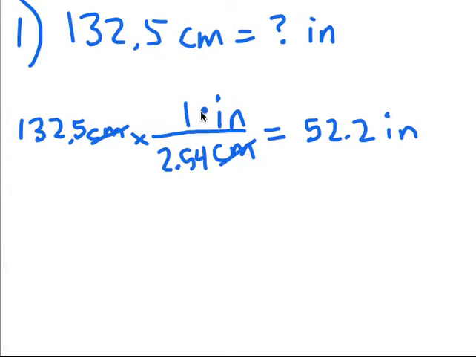So anything that's on the top you multiply, on the bottom you divide. Go ahead and double check the math with your calculator. 132.5 divided by 2.54 equals 52.2 inches. This is a dimensional analysis problem, and this part right here would be called a conversion factor because 1 inch is equal to 2.54 centimeters.